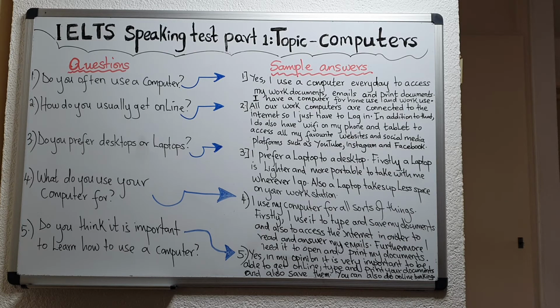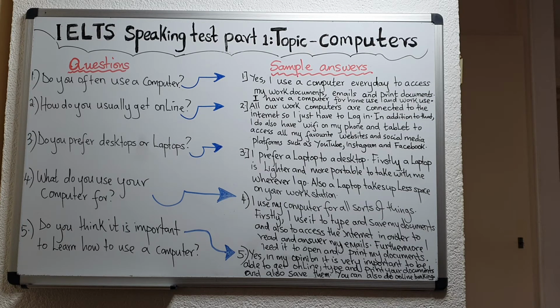That is the question. Now, you may answer this question by saying sample answer 4. I use my computer for all sorts of things. Firstly, I use it to type and save my documents, and also to access the internet in order to read and answer my emails.